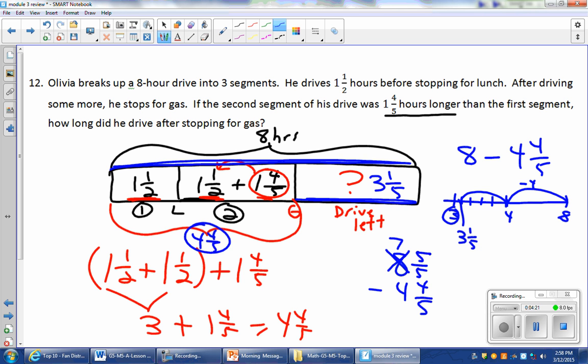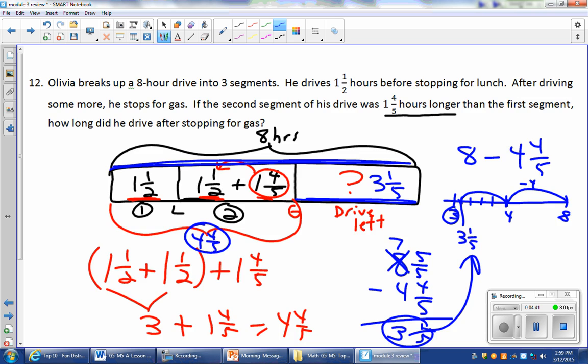So now I can take 5/5 minus 4/5 and end up with 1/5. 7 minus 4 is 3. And I got the same answer here as I did on my number line. 3 and 1/5 hours after stopping for gas.